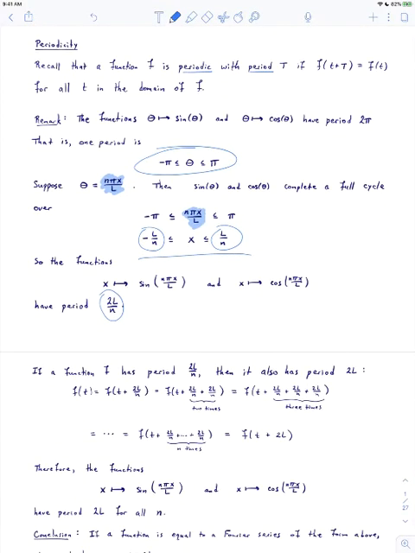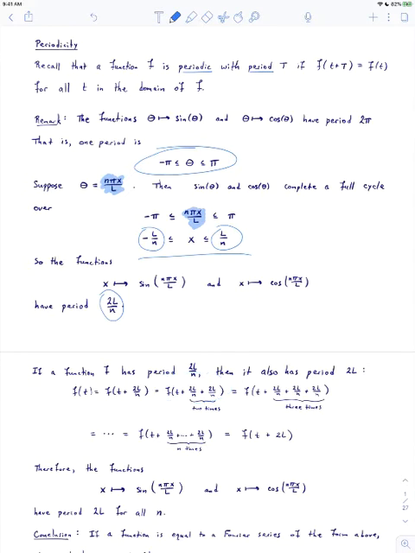If a function has period 2L over n, then it also has period 2L. We can see this by just repeatedly applying 2L over n. Since it's periodic with period 2L over n, f at t is equal to f at t plus the period. But that is equal to f at t plus the period 2L over n two times.